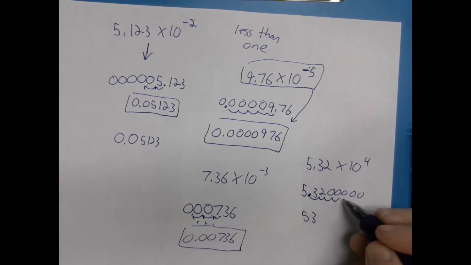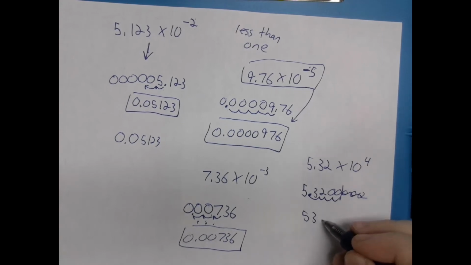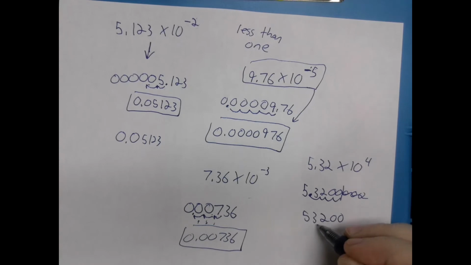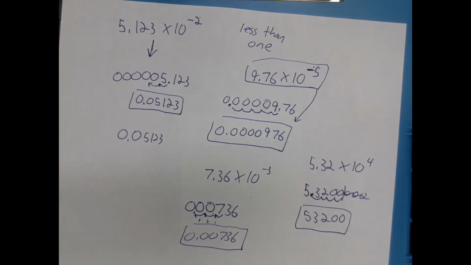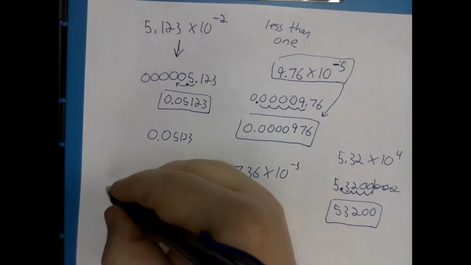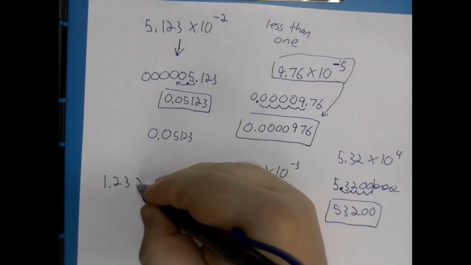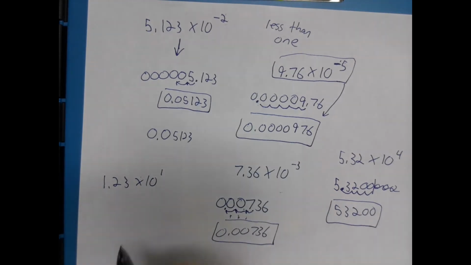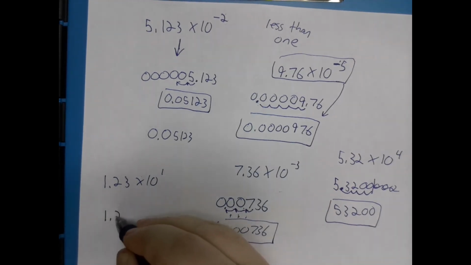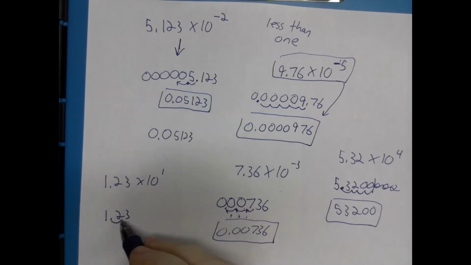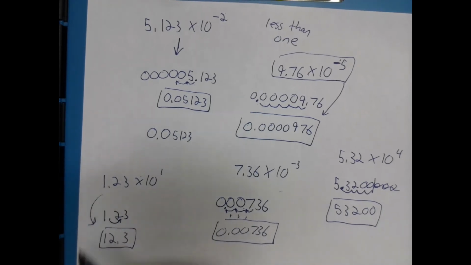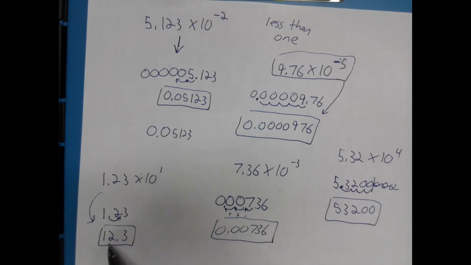So it would be equal to 53,200. Next, 1.23 times 10 to the 1. So we start with 1.23 and we're going to move over by 1, making it 12.3. Sometimes you don't need any zeros because it's giving you enough spaces.